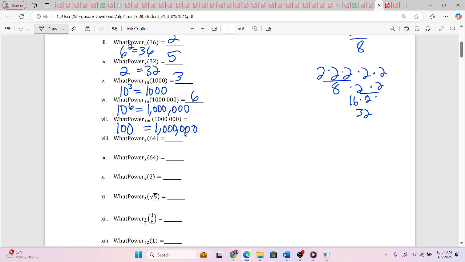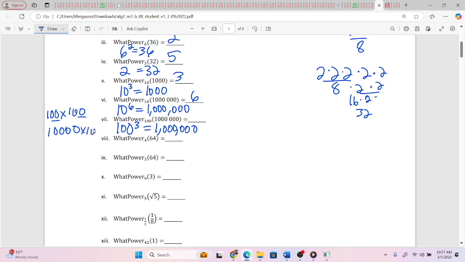Okay. How many zeros do I have? I have 6 zeros. How many zeros am I starting with? 2. So how many times do I have to put 2 zeros together to get to 6? 3. 100 times 100 is 4 zeros, so I have 10 grand.